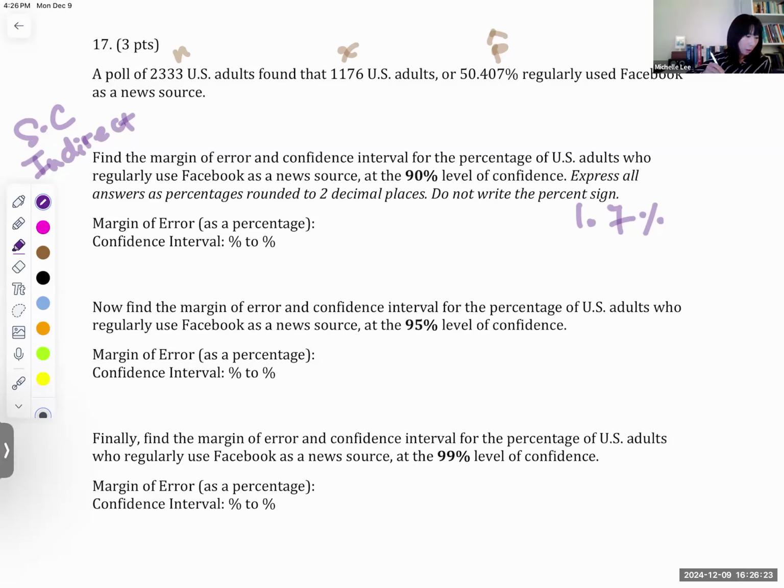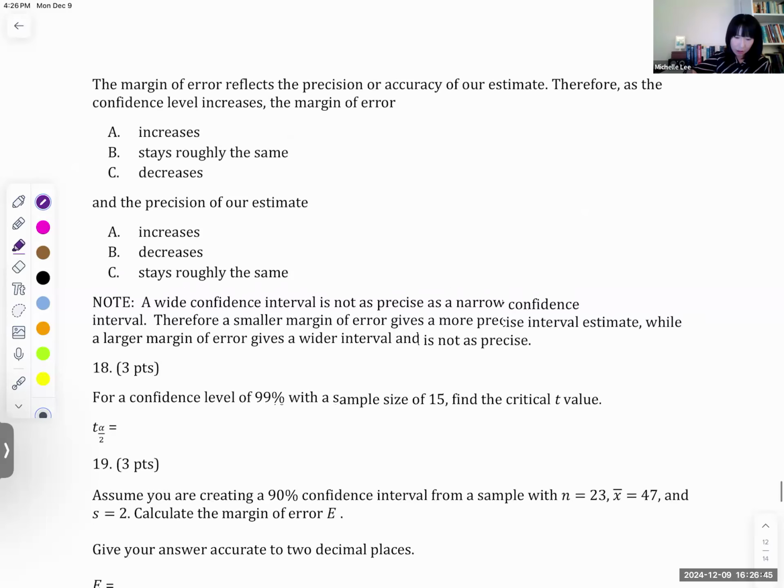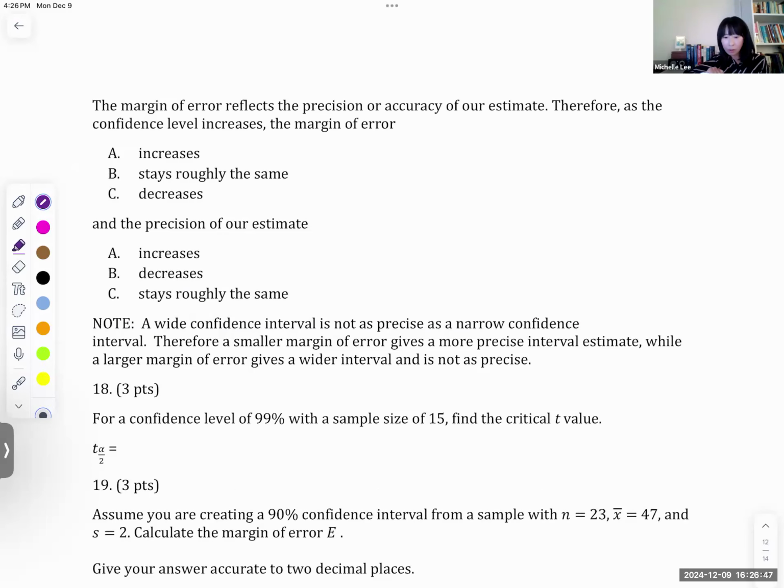Sorry about that. You gave me 1.702, right? So 1.70, same as 1.7. Please try the two problems down there, 95% and 99%. Okay, let's answer this one. Can you please answer this?